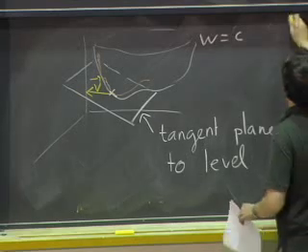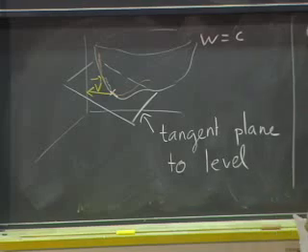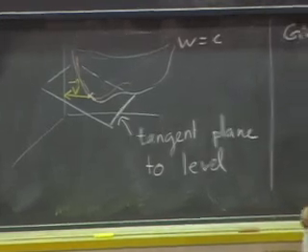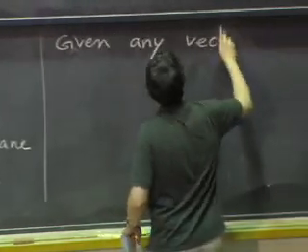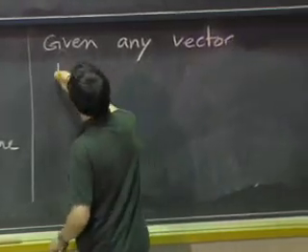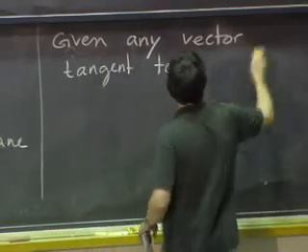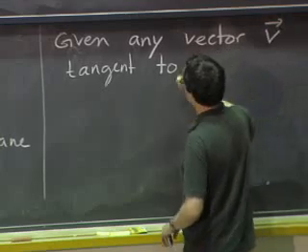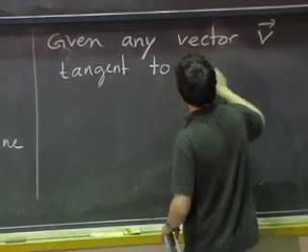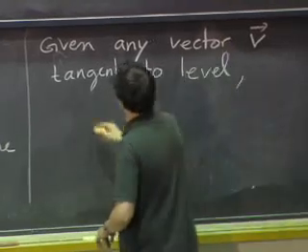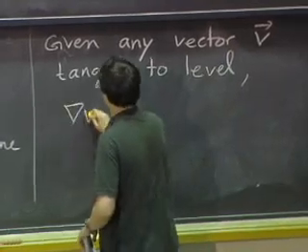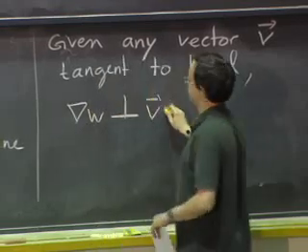Okay, so given any vector tangent to the level, let's call that vector v, we get that the gradient is perpendicular to v.